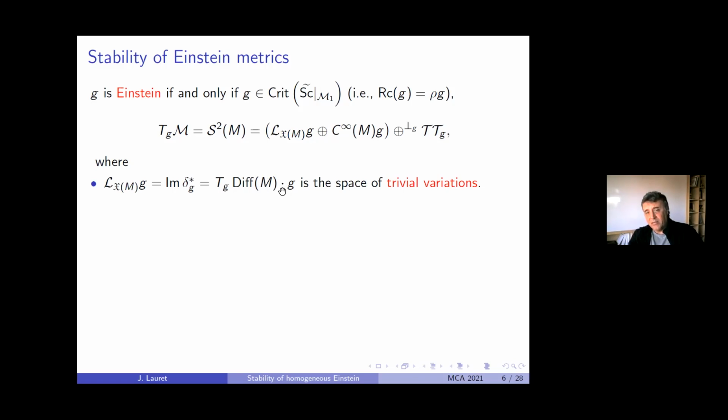So pulled back by diffeomorphism, you get different metrics, but they are all geometrically equivalent. Okay. So that summand is irrelevant.